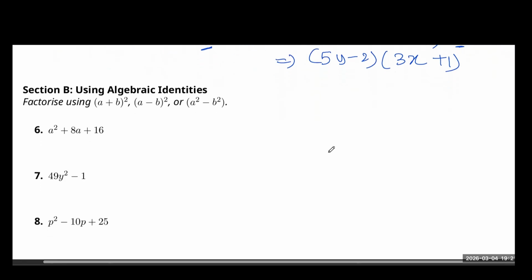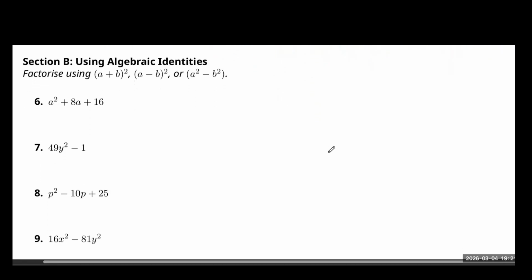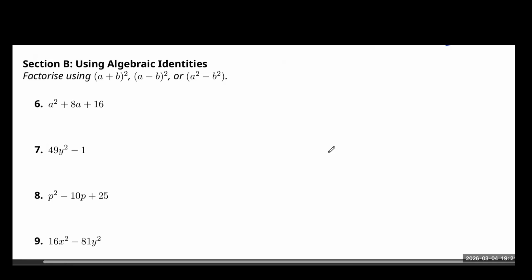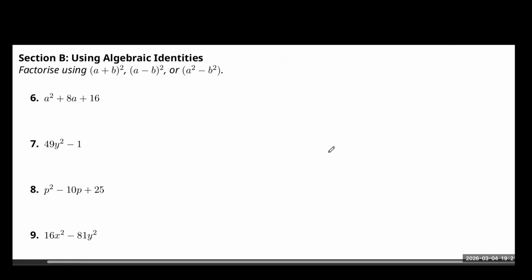Coming to the next one, using algebraic identities. So let us write the formulas here.